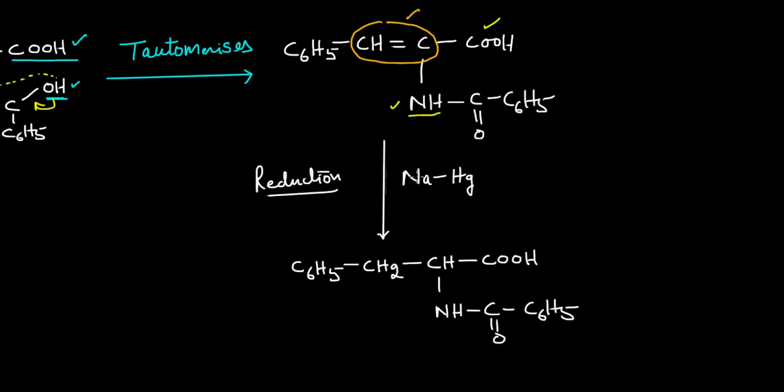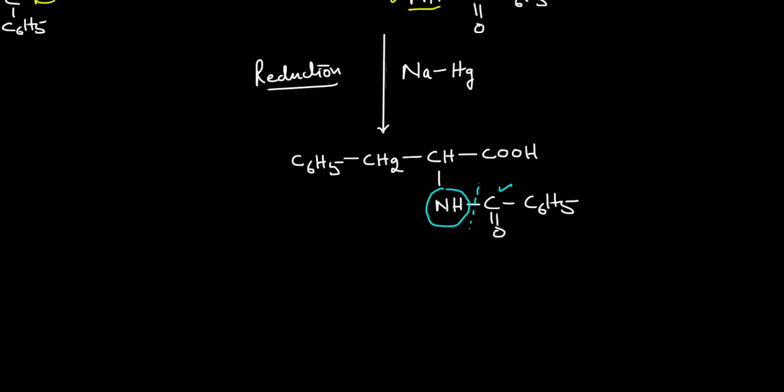Now almost we have completed our preparation of amino acids. Now we have to remove this part. If we want to remove this part, हमें ये part को remove करना है, जिससे कि और इसको convert करना है into NH2 at the alpha carbon, इसको amino group में convert करना है, and that is done by hydrolysis.